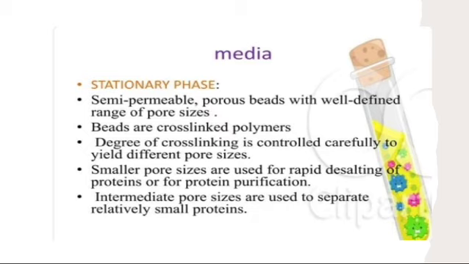Medium, the stationary phase: semi-permeable porous beads with a well-defined range of pore size. Beads are cross-linked polymers, and the degree of cross-linking determines pore size. Small pore sizes are used for rapid desalting of proteins or for protein purification. Intermediate pore sizes are used to separate relatively small proteins.